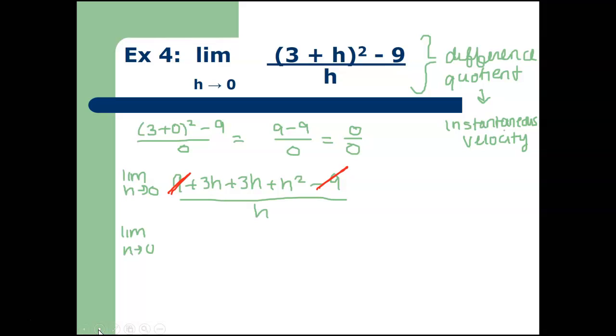Three h plus 3h is 6h plus h squared, all over h. So now that my 9's cancel, I have 6h plus h squared. So in my numerator, I can factor out an h.